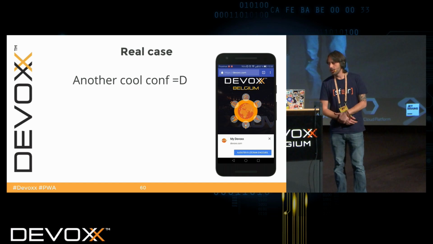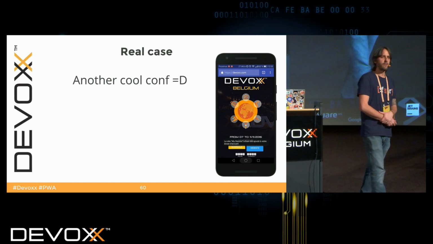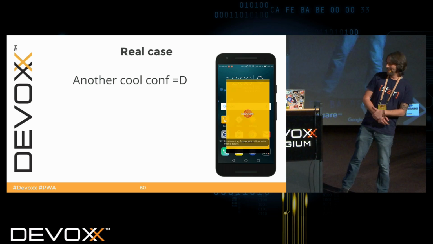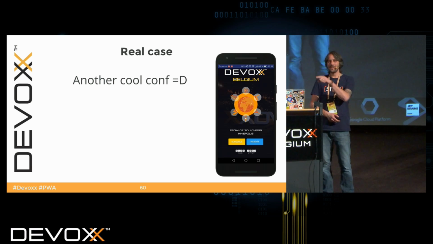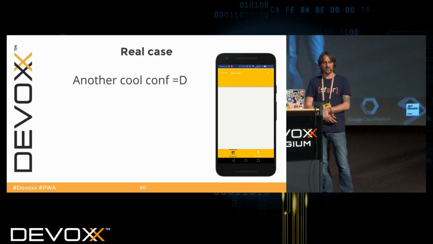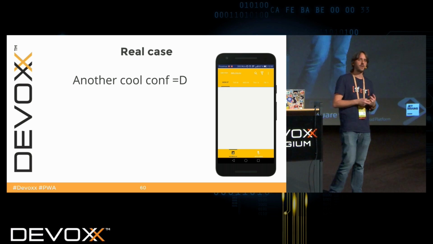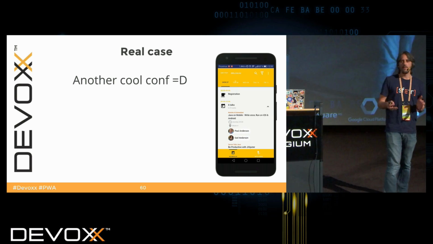Maybe you know this one, DevVox, a little conference in Belgium. Horacio Gonzalez, who is another GDE, just made this application for DevVox. So it's a progressive web app also.